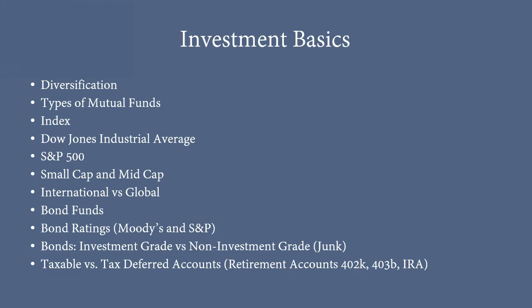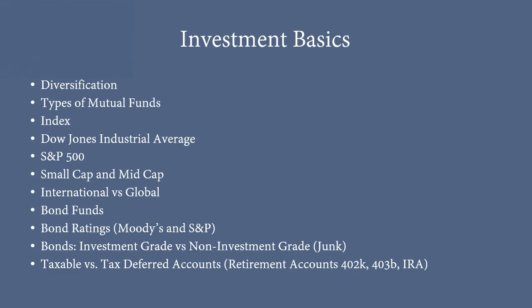So, what's an index? Well, an index is basically a snapshot of the market. And what is the market? Usually, when we say the word market, that is the US stock market. There are a couple of stock markets: there's NASDAQ, there's the New York Stock Exchange. Those are the two biggies out there.